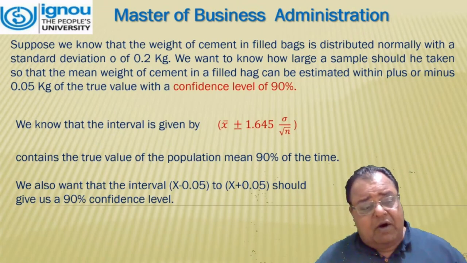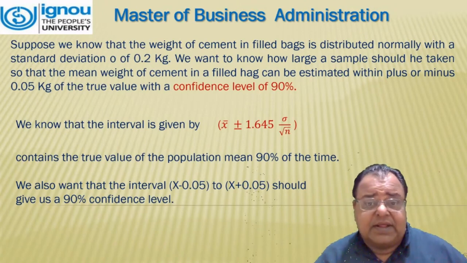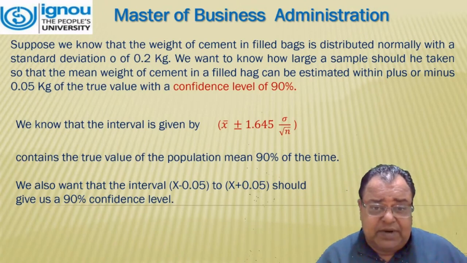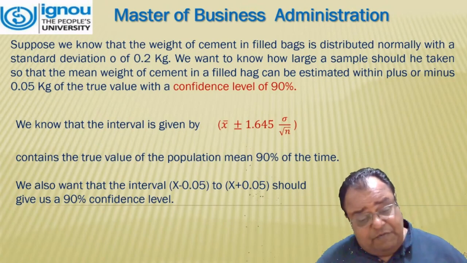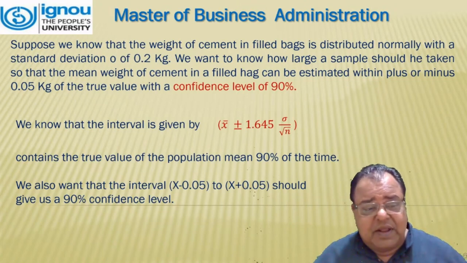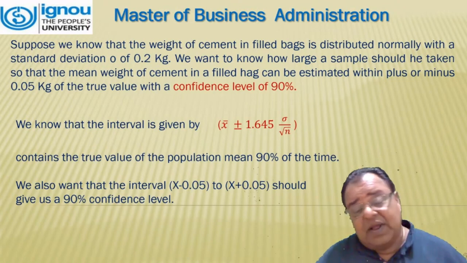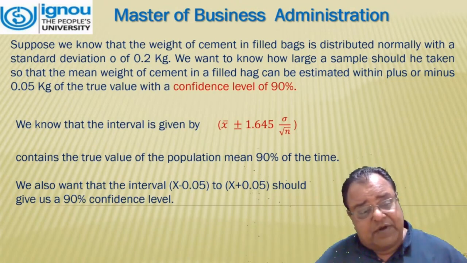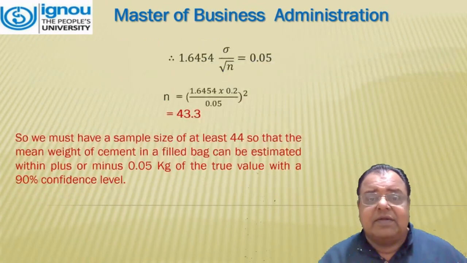n. And we are also given the condition that the mean weight of the cement in a filled bag can be estimated within plus or minus 0.05. So we want the interval x bar minus 0.05 to x bar plus 0.05 with a 90% level of confidence.